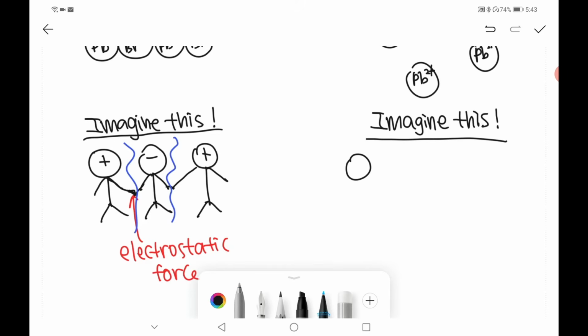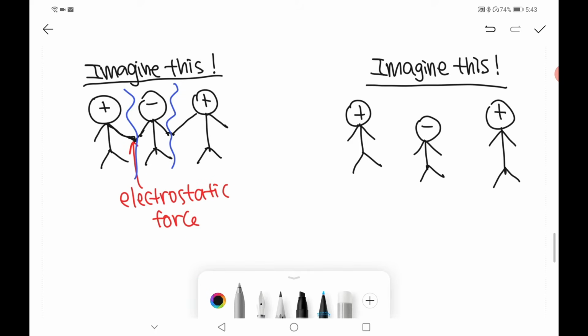Now all the ions are able to move freely.